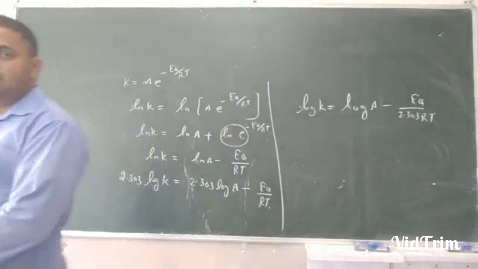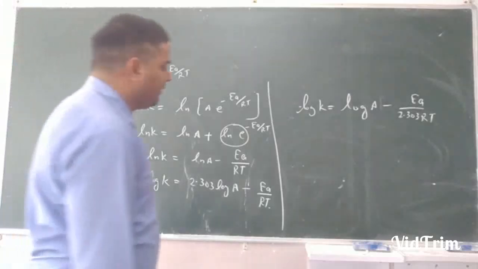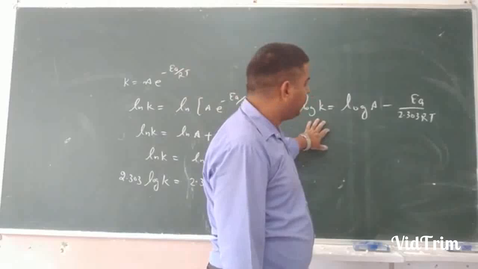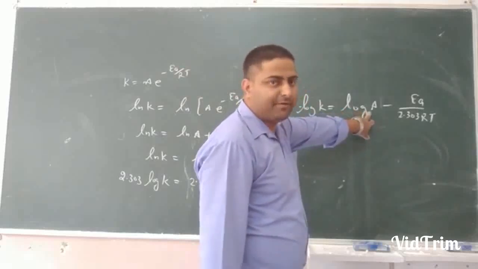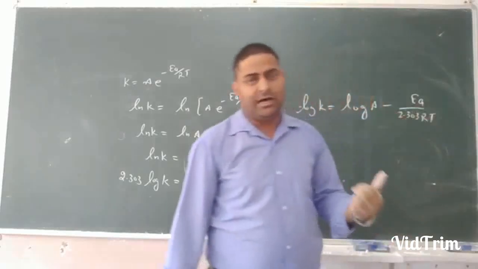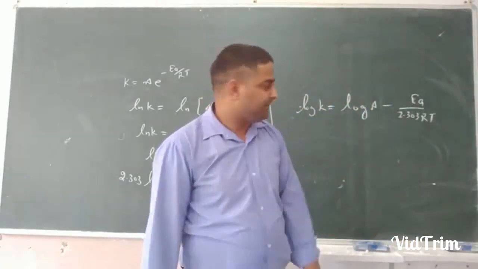So this is the mathematical form which is used for the Arrhenius equation. Here log k is from the rate constant, A is the pre-exponential frequency factor, Ea is activation energy, R is the gas constant and T is temperature in Kelvin.